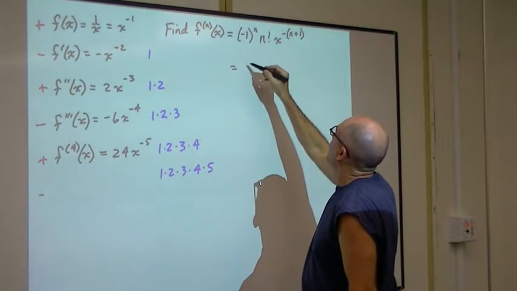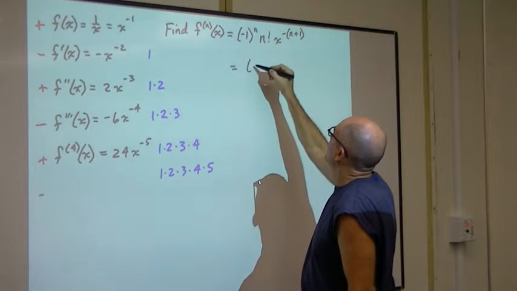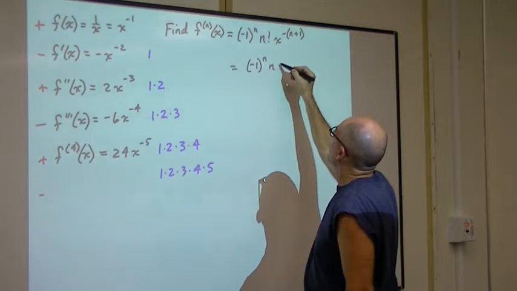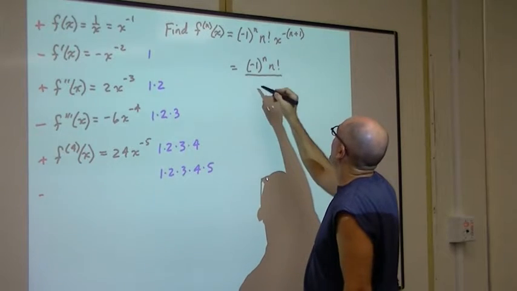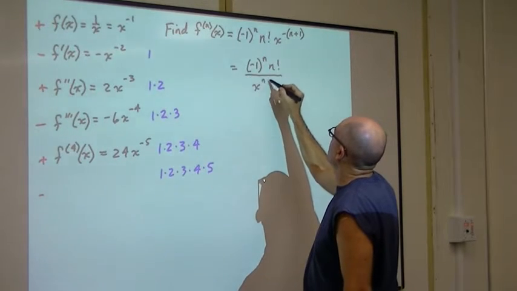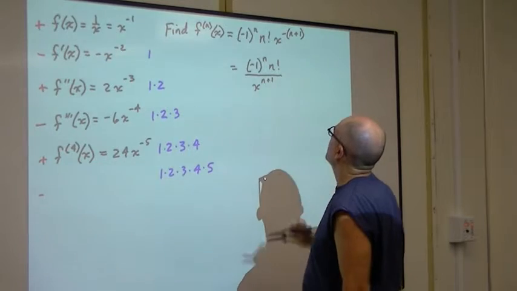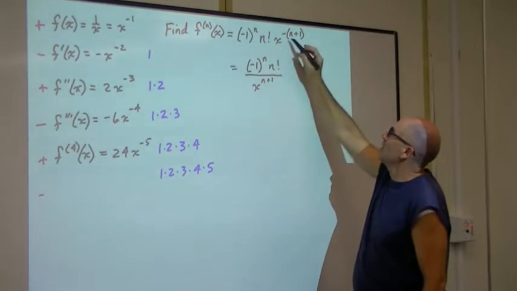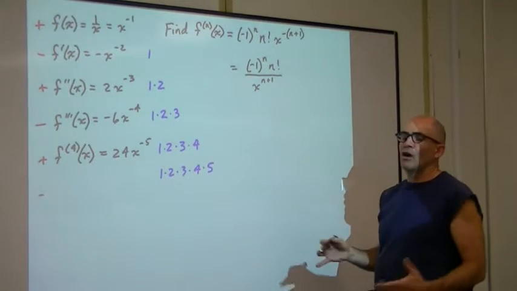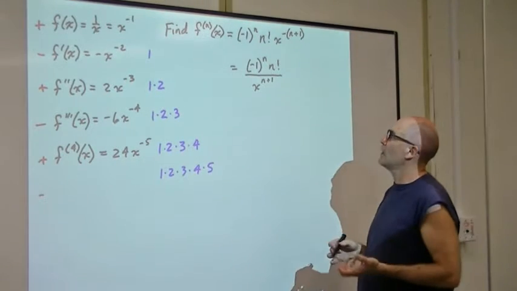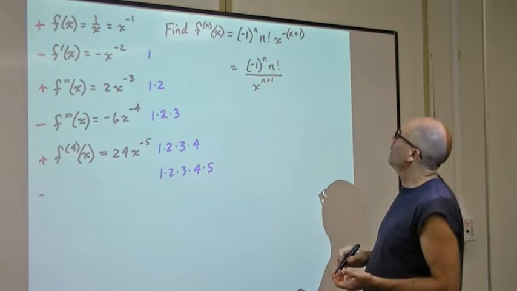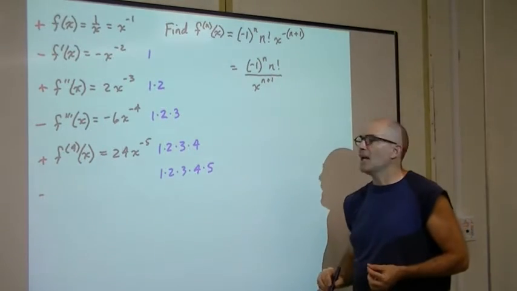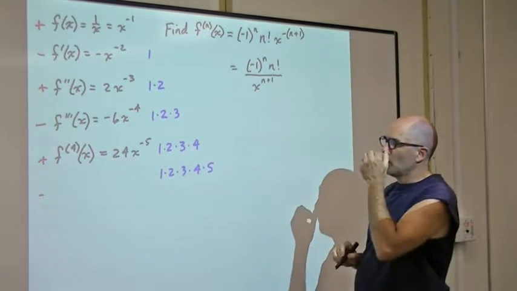So that means what they did was (-1)^n n factorial over x to the n plus 1. So whether you have x to the n plus 1 on the bottom, or x to the negative n plus 1 on the top, it works out either way. So I kind of like mine because it's all in one line, nice and neat and orderly. But either way will do it.